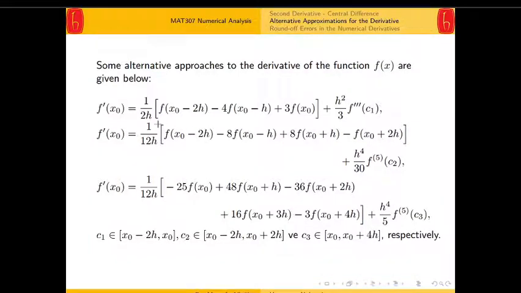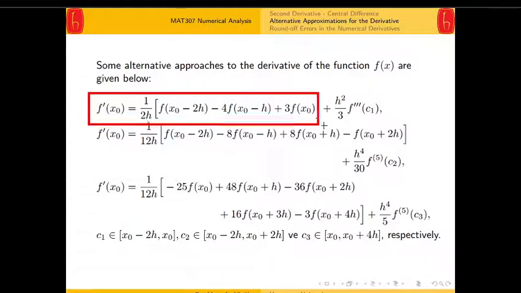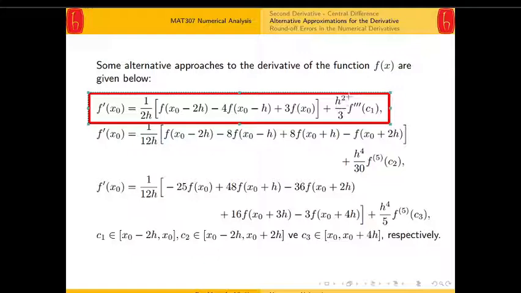Okay, some alternative approaches for the first derivative are given below. So the first derivative can also be found by this formulation. If we use the first formulation, we obtain h squared accuracy.